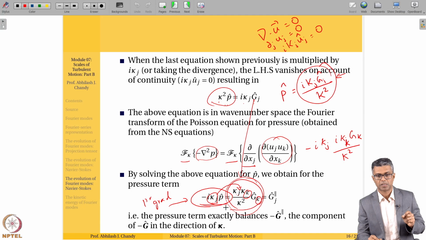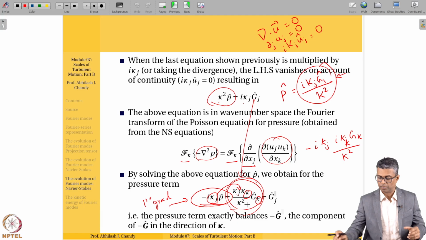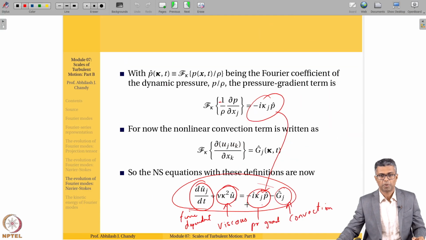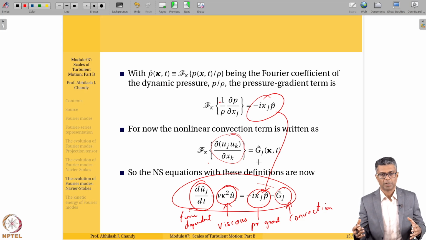This is in wave number space, that it turns out to be kappa j kappa k over kappa squared multiplied by gk hat. So if you remember, gk hat is this nonlinear term. Just to refresh your memory, it is the Fourier transform of the nonlinear term, which is represented as gj hat of kappa comma t, some arbitrary denomination we are giving it.